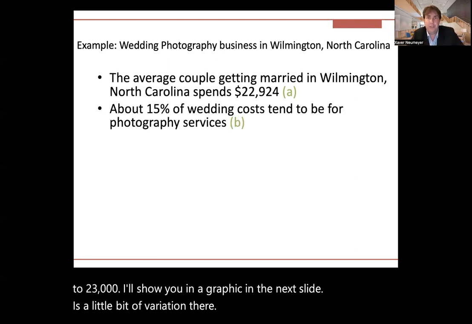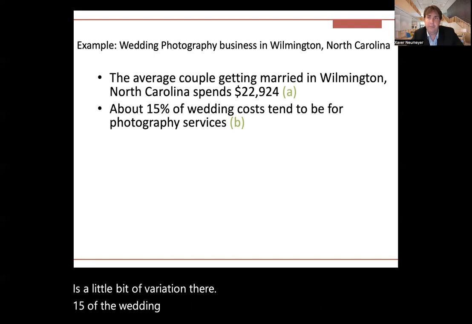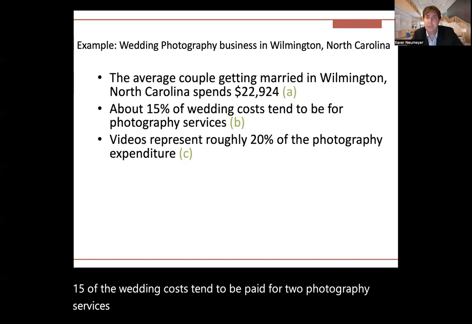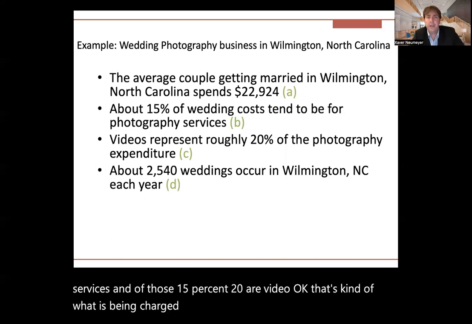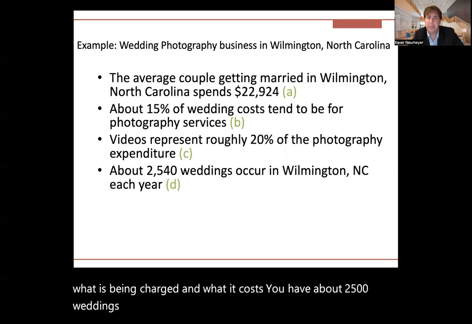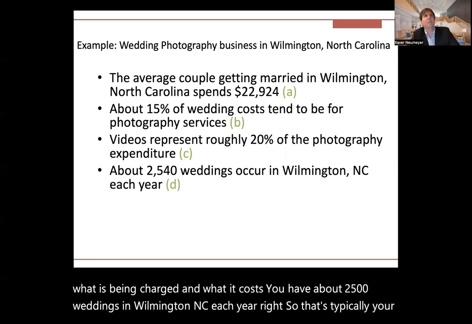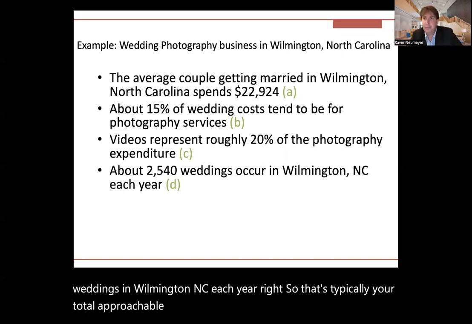About 15% of the wedding costs tend to be paid to photography services, and of that 15%, 20% is video. That's what is being charged and what it costs. You have about 2,500 weddings in Wilmington, North Carolina each year. So that's typically your total approachable market in Wilmington.